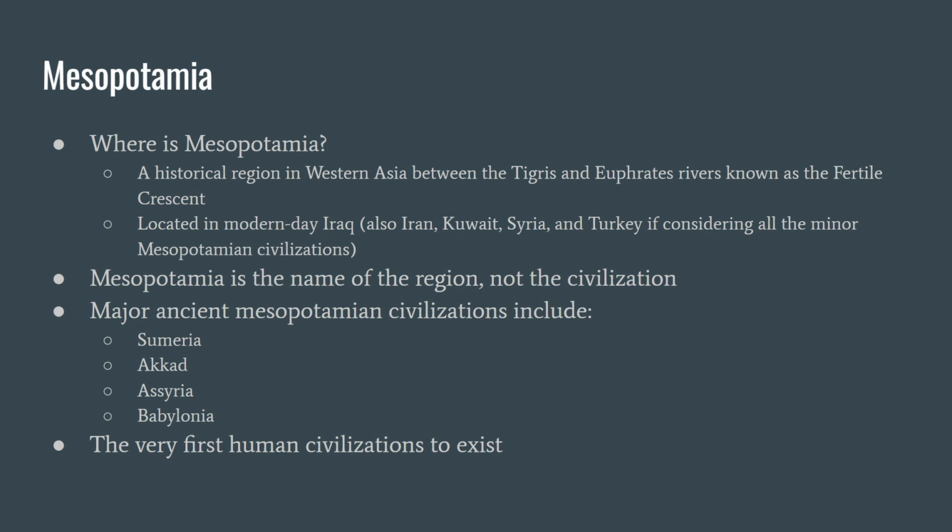The first civilization comes from the Middle East. The major ancient Mesopotamian civilizations include Sumeria, Akkad, Assyria, and Babylonia. They're the very first human civilizations to exist.